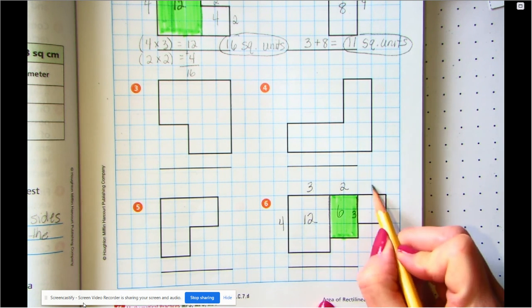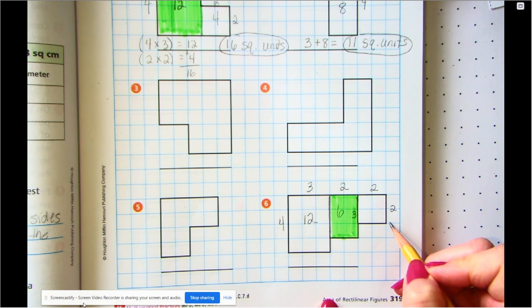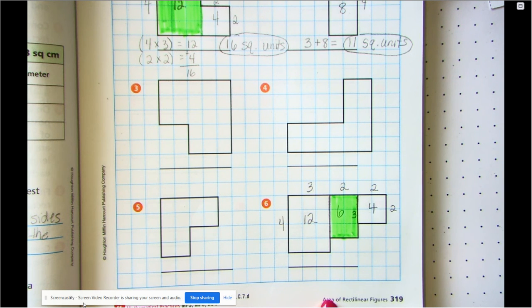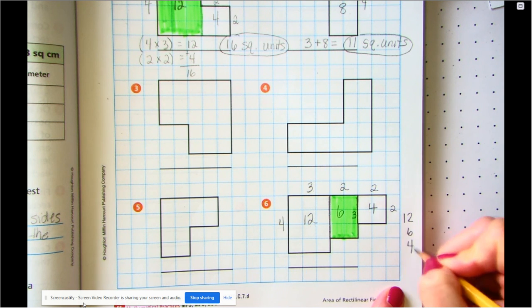Here we've got 2 as the side length and 2 as that side length. We've already done that in problem number 1. We know that 2 times 2 is 4. So now I have to add these 3 areas together to get the area of this entire figure. We have to stack our numbers, 12, a 6, and a 4.